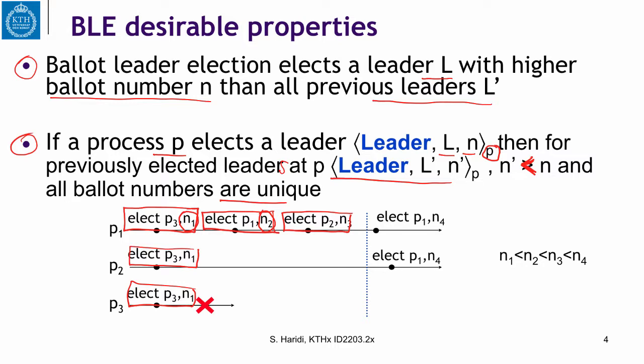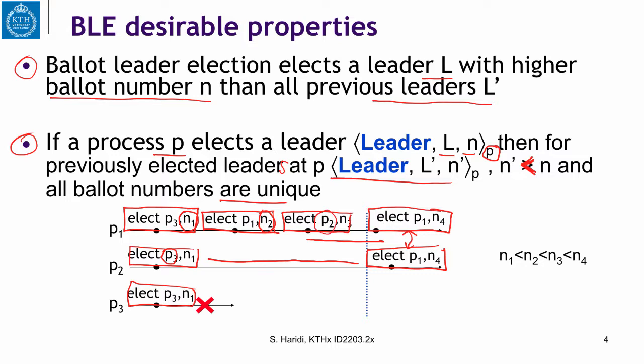And eventually, both again elect a leader with a ballot number N4, and here we have an agreement at this point. So you can see that leaders might overlap. For example, here's a situation where in this period, P2 thinks that P3 is a leader, while P1 thinks that P2 is a leader.